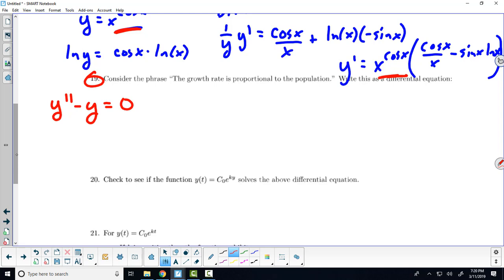The unknown thing is a function. So in algebra, what do you learn how to do? You learn how to solve equations to find the numerical value that would make it true. In differential equations, you solve equations to find the function that would make it true.